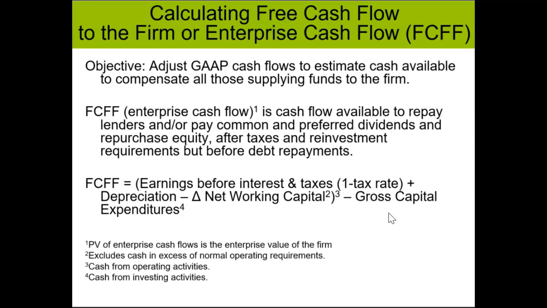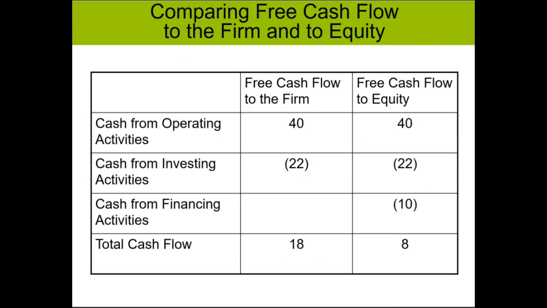So if you want to show the comparison between these two, let's see the comparison. You have free cash flow to the firm. The cash from operating activities is the same. Cash from investing activities we take and deduct it. So we have free cash flow to the firm.